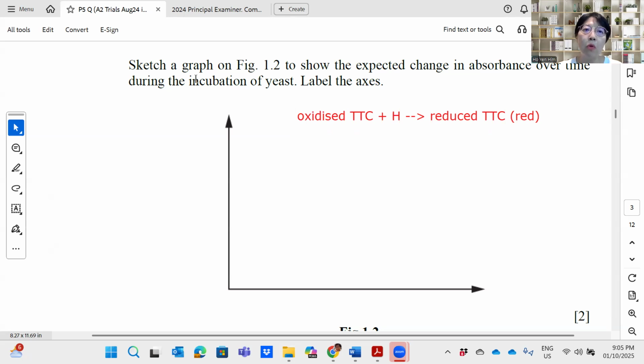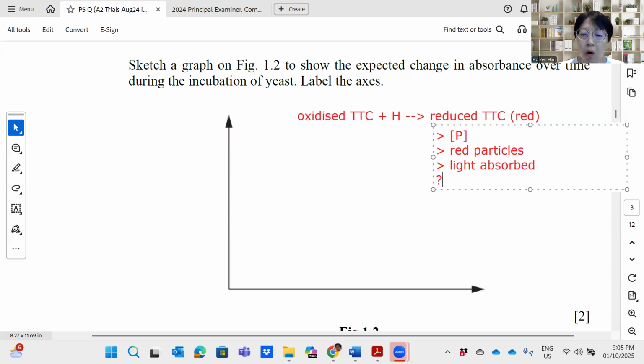When you have more product, you have more red particles, and therefore more light will be absorbed, and therefore more absorbance. So absorbance will increase. Most of the students get this correct, but some students got it wrong. So absorbance increases, how do I draw it?